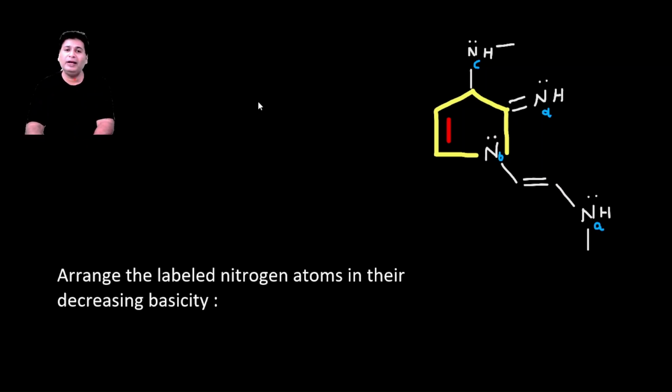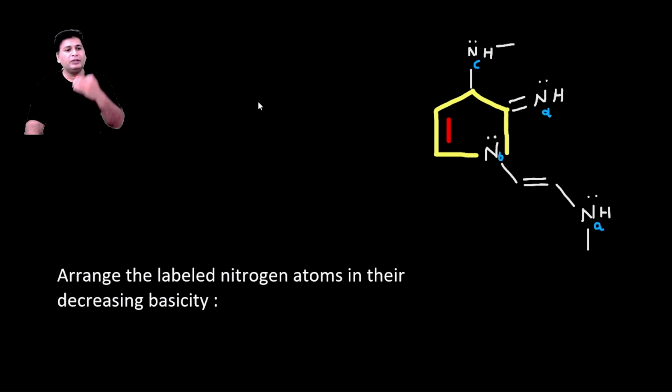Now I have already told you how to judge the basicity of nitrogen. As you know, the nitrogen will have a lone pair. The lone pair can be given to a proton, H plus, and therefore this nitrogen can behave as a Lewis base.